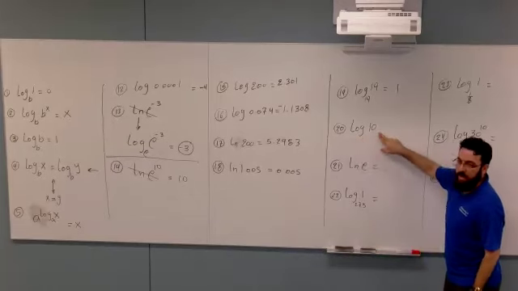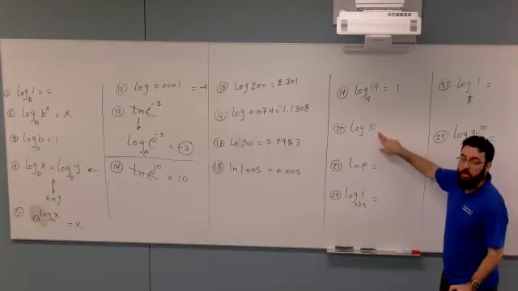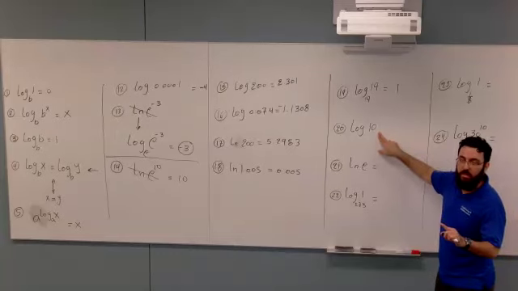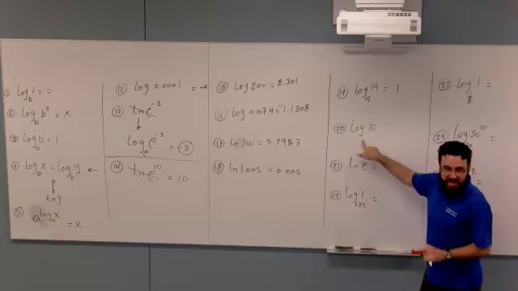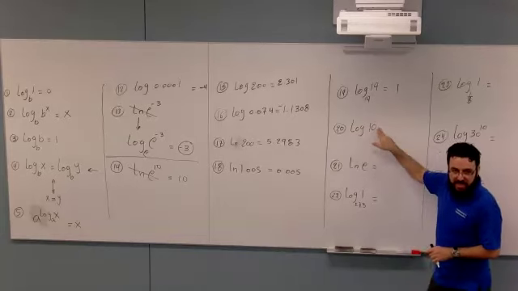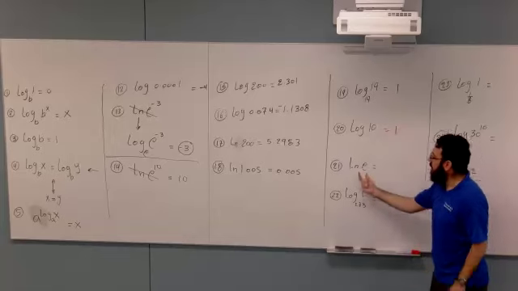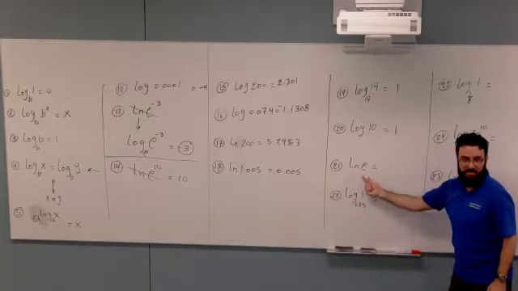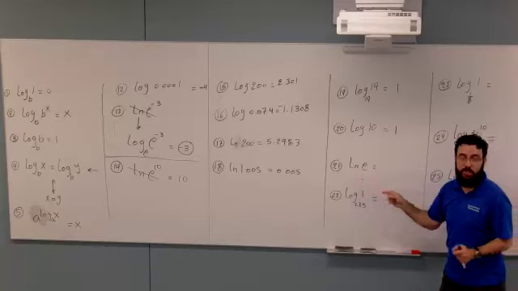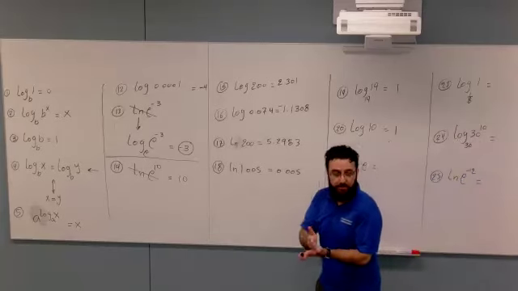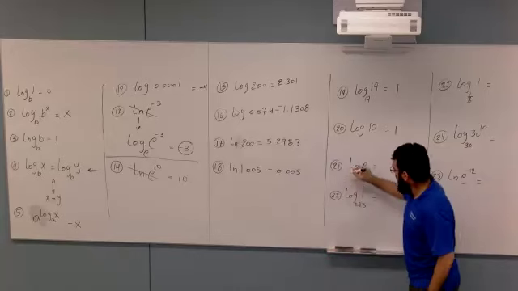What about log 10? It's going to be 1. Why? Because the base is 10. Log base 10 of the same number 10, so the result is going to be 1. What about ln e? It's going to be 1. Remember I told you every time you see ln with e, just cross it out.